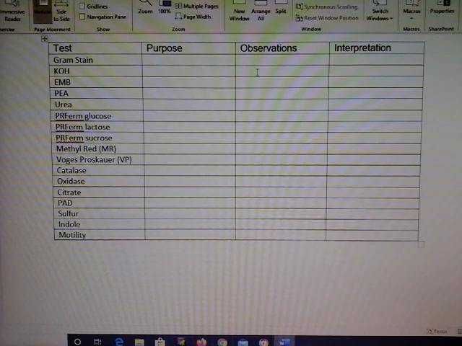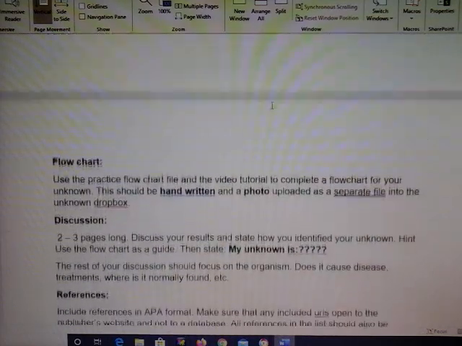Was your KOH sticky or was it stringy? So your interpretation then, guys, if you had a gram reaction that was purple, you know that that's a gram positive. If you had a sticky KOH, for instance, that would be a gram negative, etc. Okay? So that's what I'd like in here.